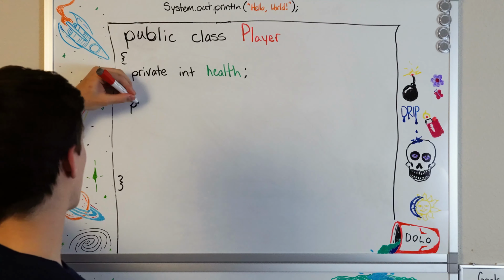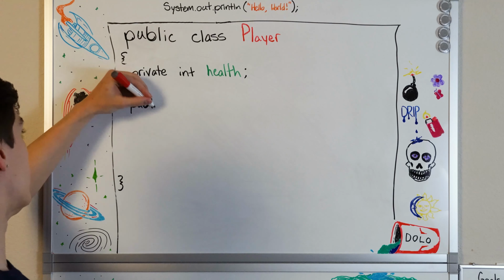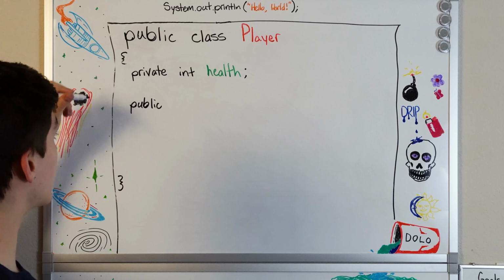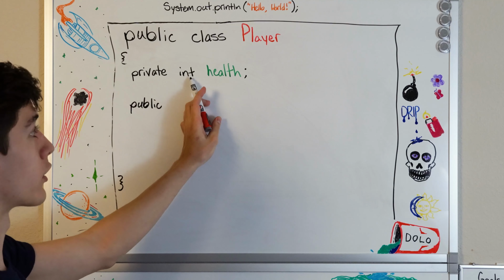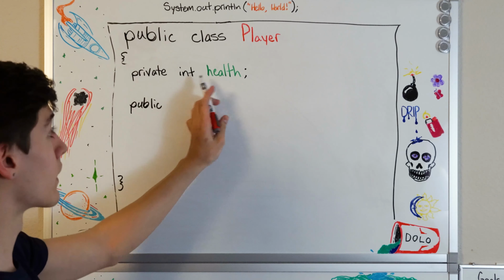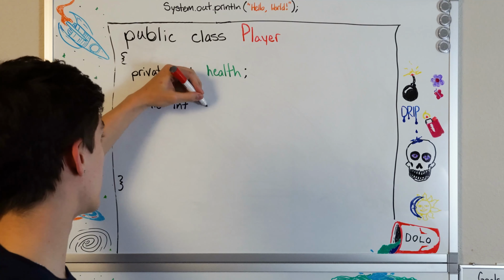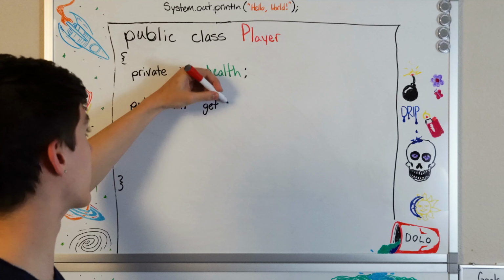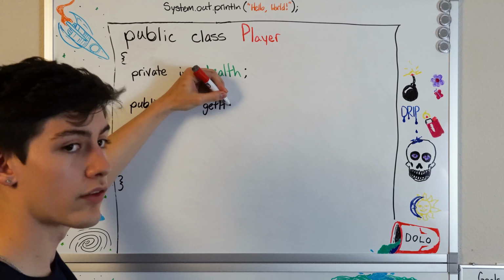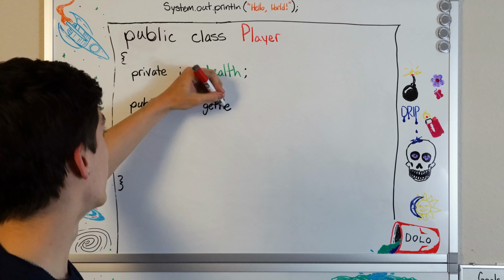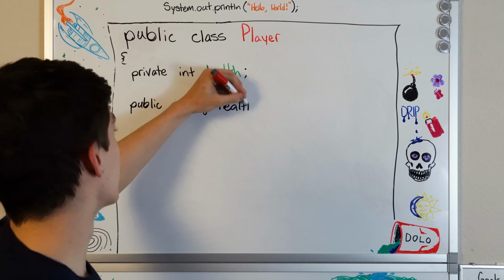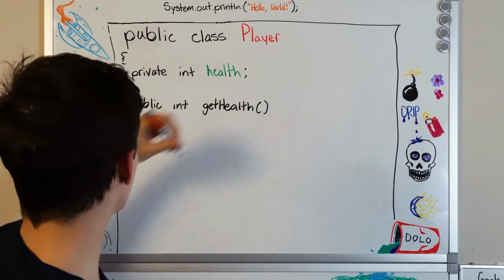And we start by writing public, and then for the getter, we're going to return the exact same data type that the variable is. So we're going to write public int, and then we're going to write get health because it's a getter, and health is the variable. And then here we don't need any information.